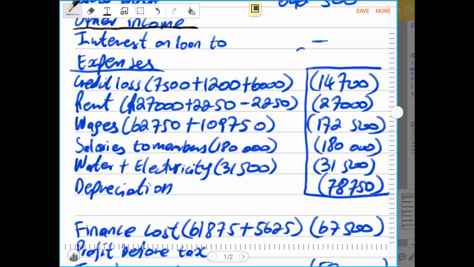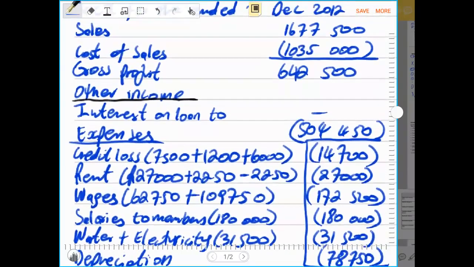Then that will give us our total expenses, and our total expenses will have to be negative 504,450. Then we'll say gross profit 642,500 minus 504,450.